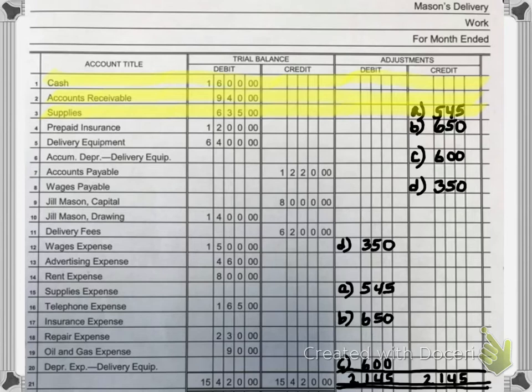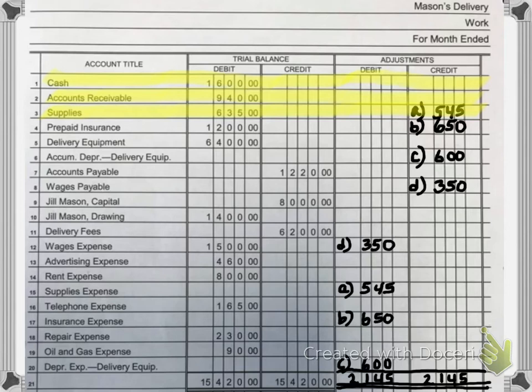So when you have a debit and a credit, you are going to subtract. So $635 minus $545 is going to leave you with a $90 debit balance for supplies. So that's what you will write in the adjusted trial balance column, a $90 debit.